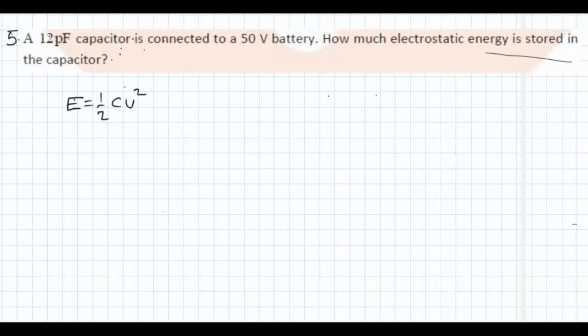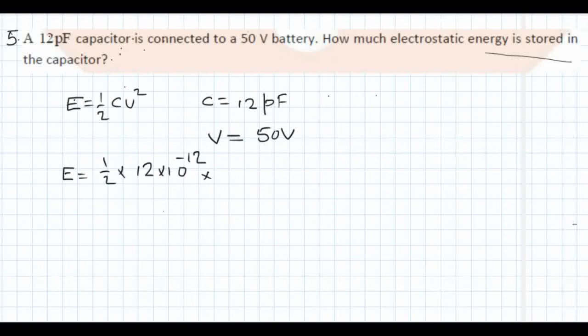And capacitance is given as 12 picofarad, and the potential is given as 50 volts. So it is a direct question. That is equal to 1 by 2 into 12 into 10 raised to minus 12 into V square, which is 50 square.